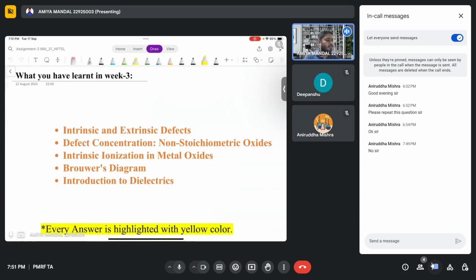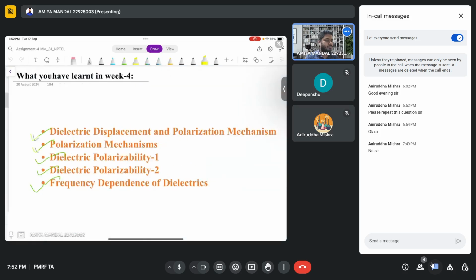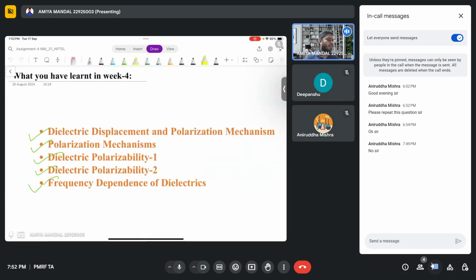In assignment 3, we learned about intrinsic defects, defect concentration, metal oxide intrinsic defects, Brouwer's diagram, and an introduction to dielectrics. In week 4, you learned about dielectric displacement, polarization mechanisms, different dielectric polarizabilities, and their frequency dependence.